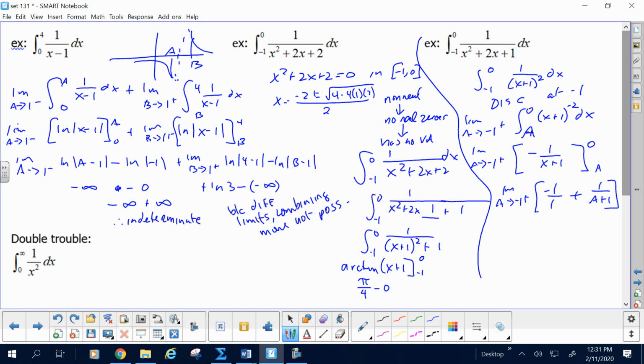A is a little more than negative 1, so will a plus 1 be positive small or negative small? Positive small. 1 over positive small is positive large. I don't know if a multiple choice would just say diverges or if it would have infinite as a case, but it would be positive infinite, and therefore divergent. Okay?